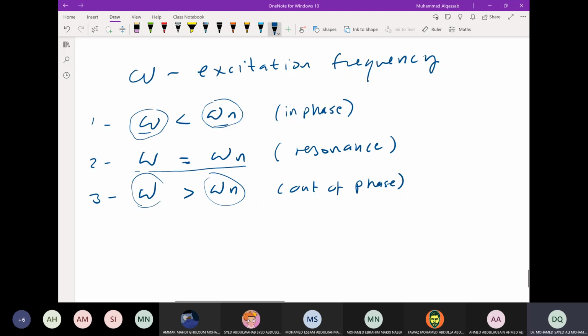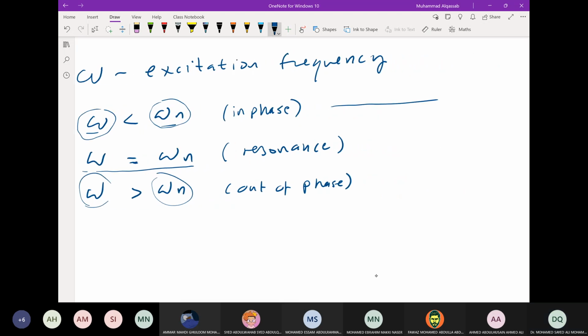So when it oscillates with omega less than omega n, the amplitude will be something like that. Let's say this is A1, amplitude 1. And when it oscillates out of phase, this will be even smaller. Let's call it A3.